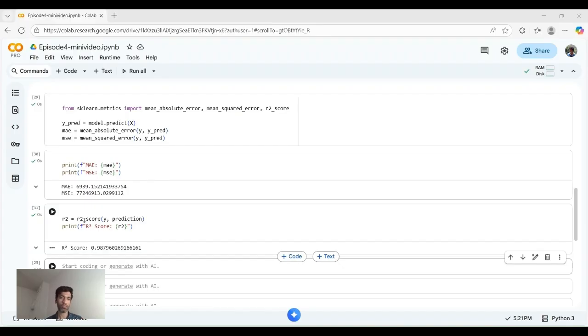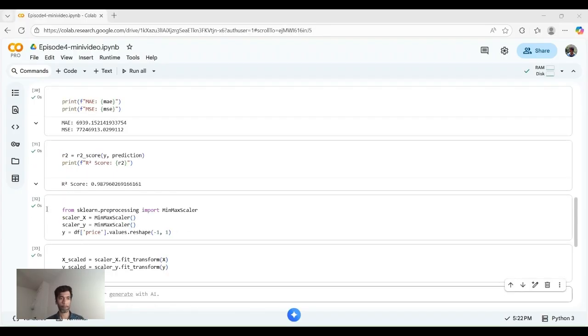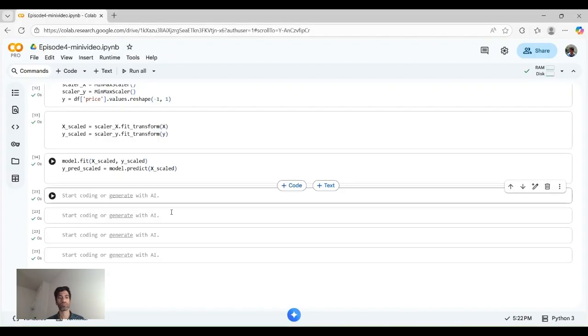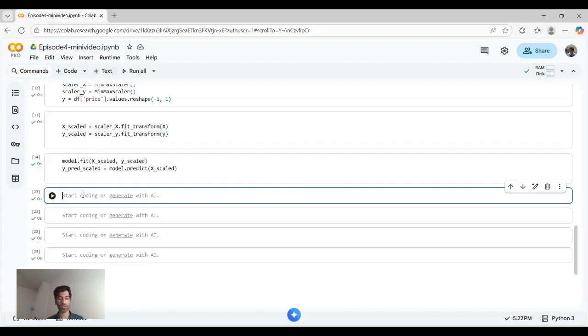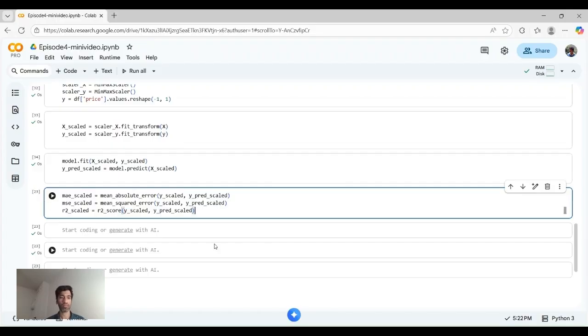It takes all the numbers, it finds the minimum and maximum out of it, and converts each number according to the minimum and maximum so that it is scaled between 0 to 1. Okay, now our x and y is completely scaled. With the scaled numbers, we are going to find MAE, MSE, and R2.